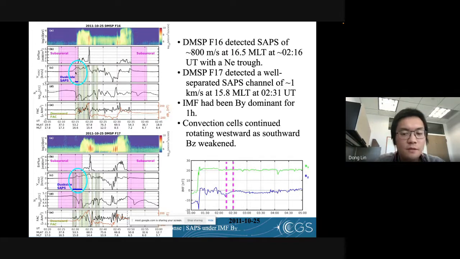However, 15 minutes later, F17 detected a much more separated SAPS channel in the subauroral region. And just looking at the IMF condition here, it seems to have to do with this. Well, BY was kind of a dominant background, but BZ has decreased from like -5 to a very small value in southward.